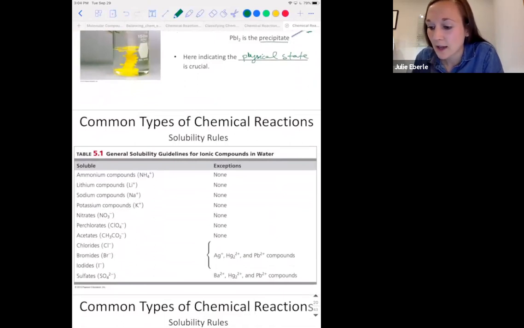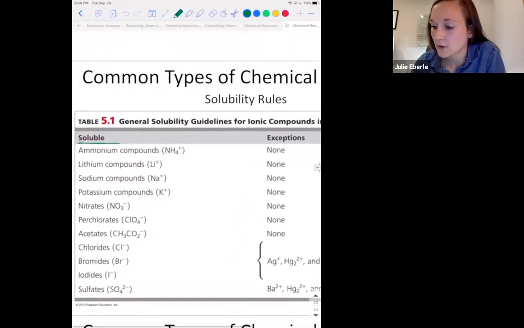So let's look at this. The column on the left lists ions. If a compound contains any of these cations and any of these anions, it is soluble, period. Now there are a few exceptions at the bottom we'll talk about, but let's look closer. We have these first 4 right here. These are all cations.